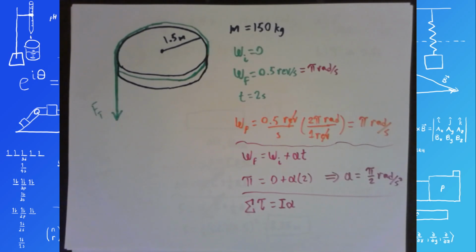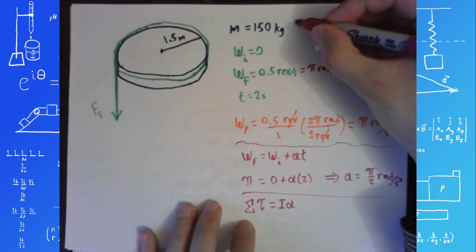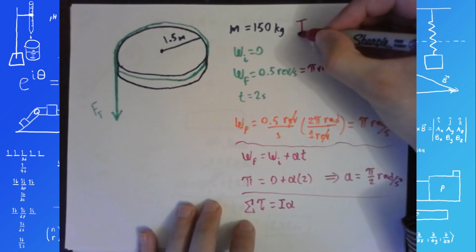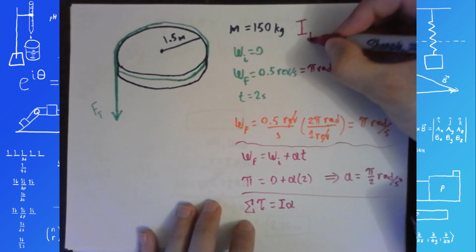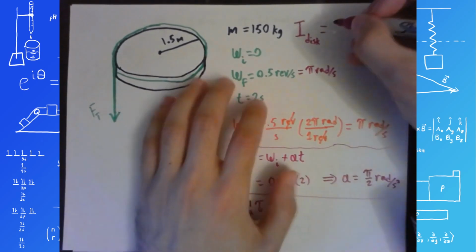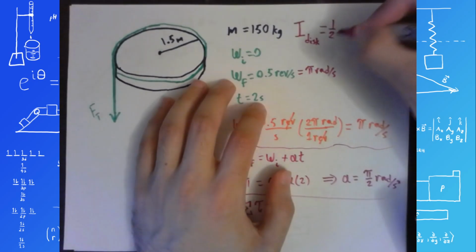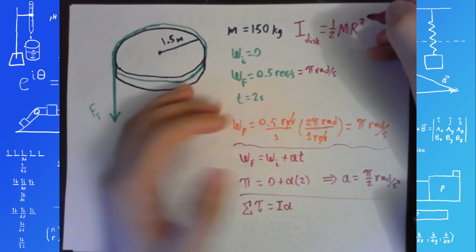Moment of inertia: this thing was described as being in the shape of a uniform solid horizontal disk. And you can just look up the formula for the moment of inertia for a disk. If it's a solid disk, then its moment of inertia is 1/2 of its total mass times its radius squared.